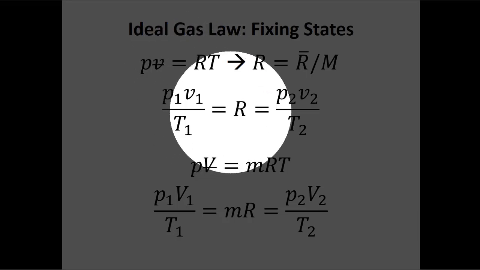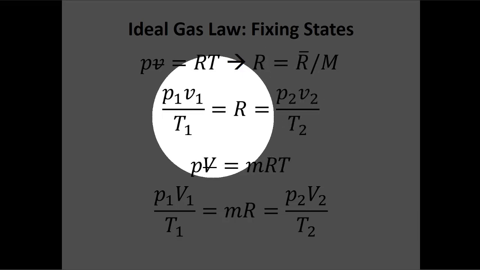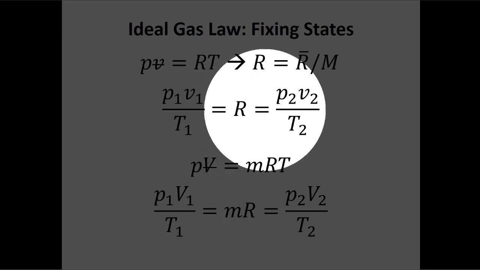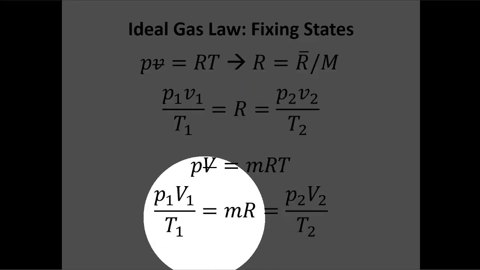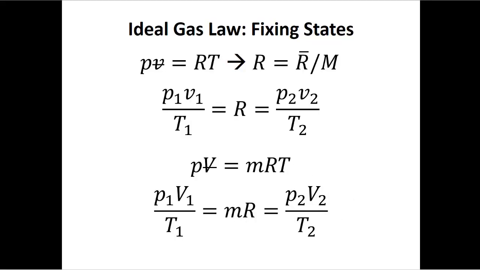Or we can use it between states, because we know that R is constant. So pressure times specific volume divided by temperature is constant as long as the gas isn't changing. So if there's no chemical reaction, then Pv over T is constant. Or because the mass is also constant, pressure times volume over temperature is also constant as I move through processes with ideal gases.